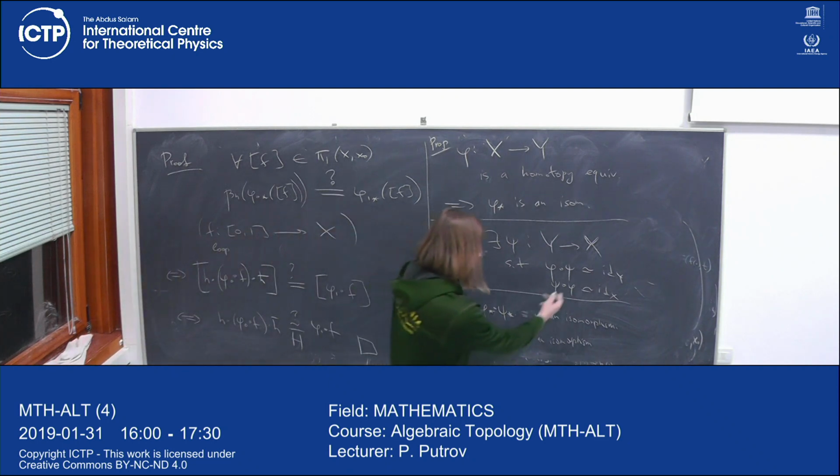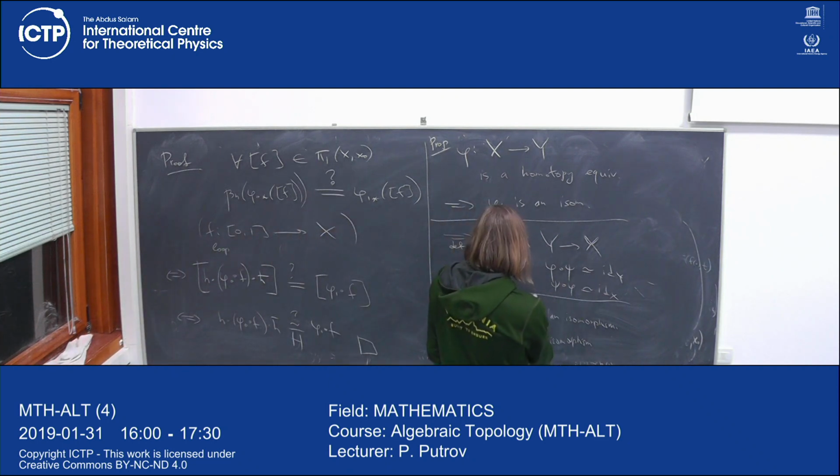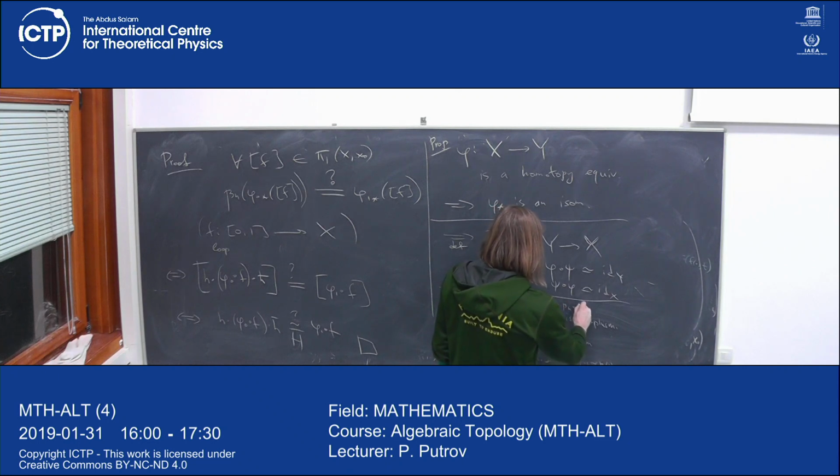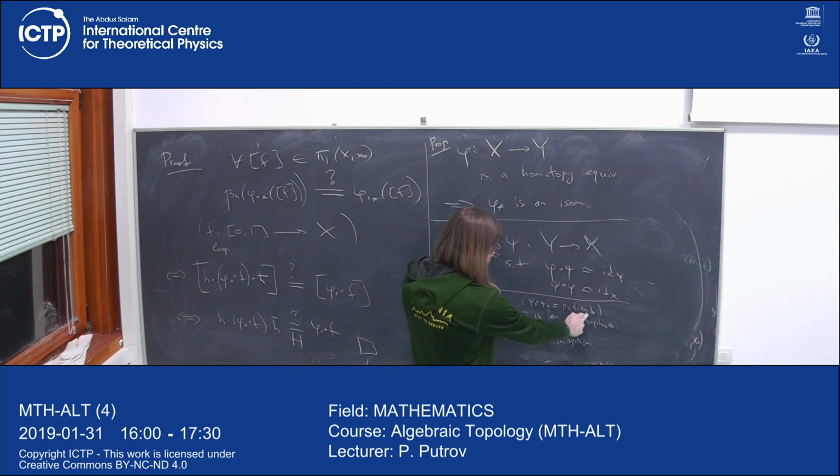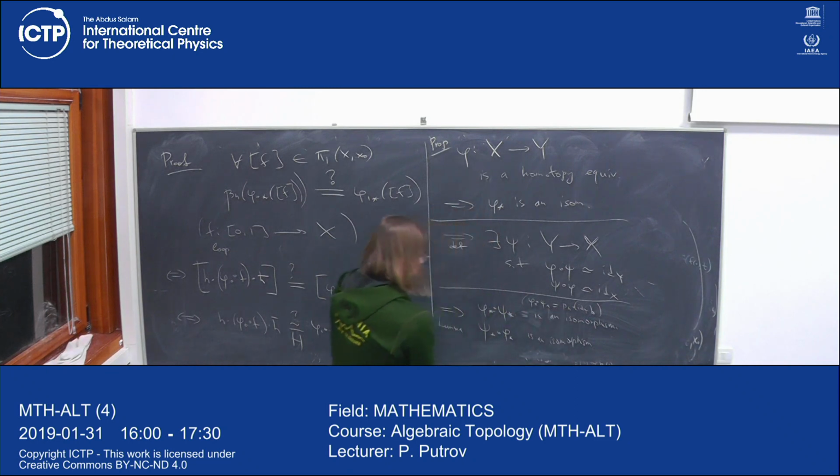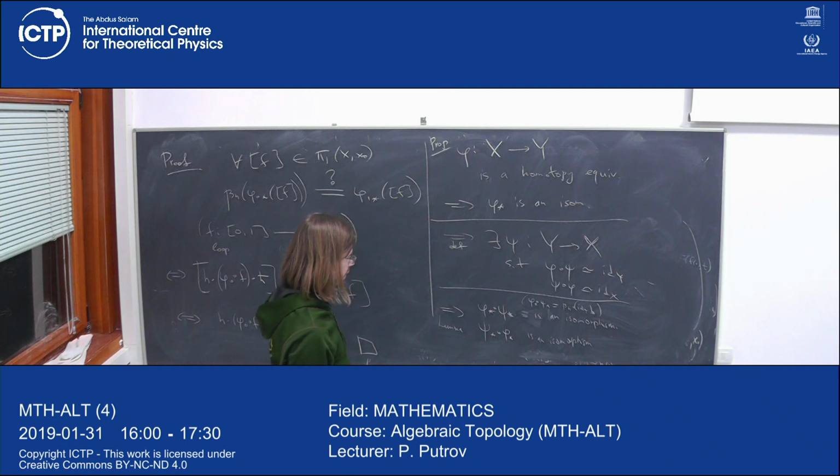So to be more explicit, if there's a homotopy, this means that psi composed with phi is equal to the identity composed with some isomorphism, where the push forward of identity is identity, and the change-of-basepoint map is an isomorphism. So these compositions are isomorphisms.